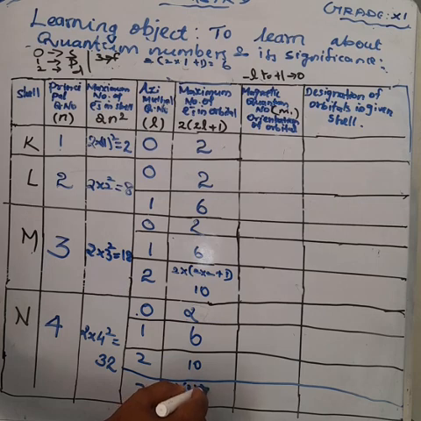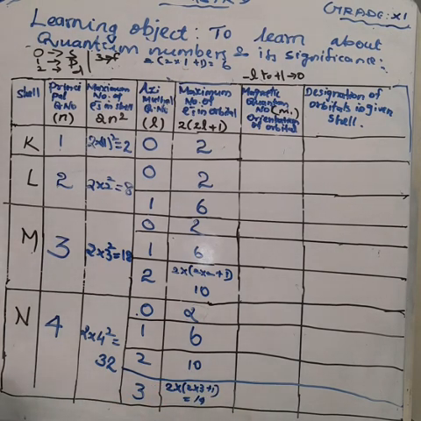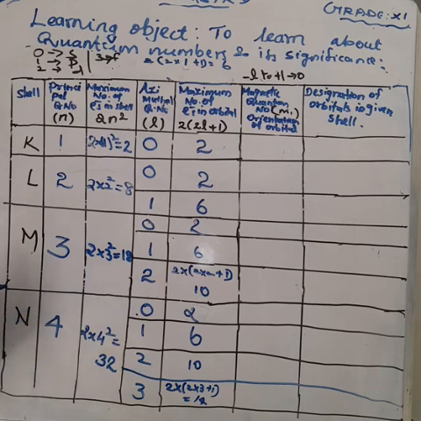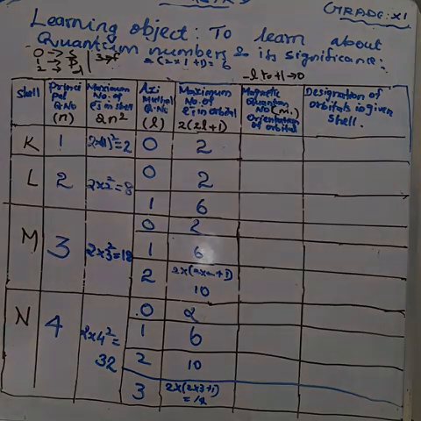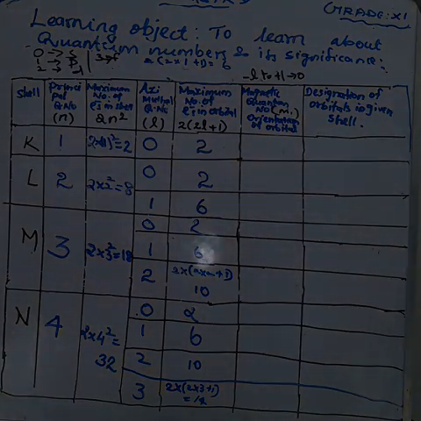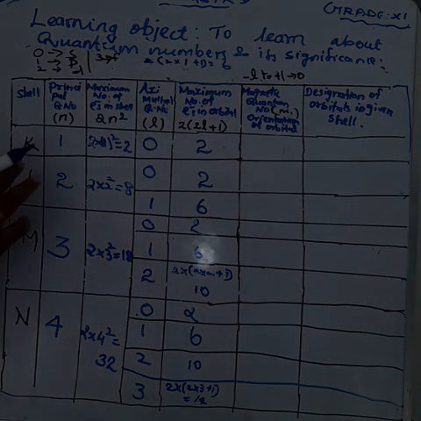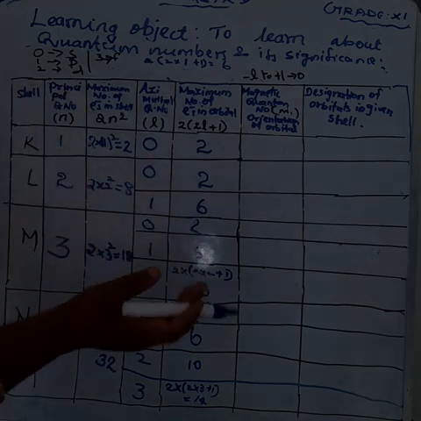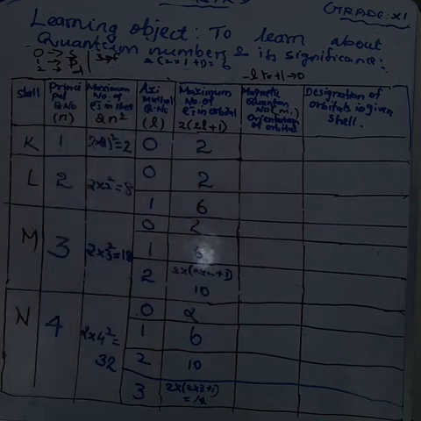Okay. And next, about the magnetic quantum number. The magnetic quantum number explains the orientation of orbitals. So the principal quantum number explains the shells, the azimuthal quantum number explains the subshell, and the magnetic quantum number explains the orbital.